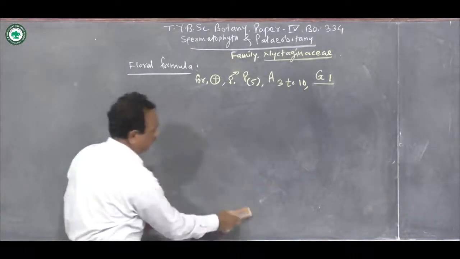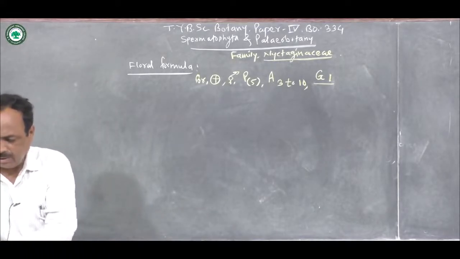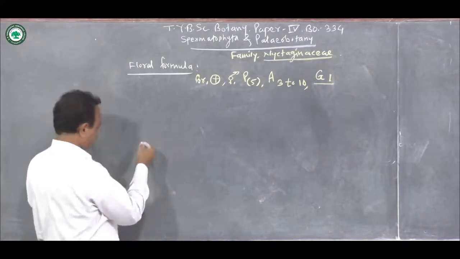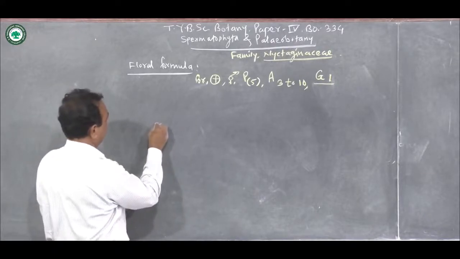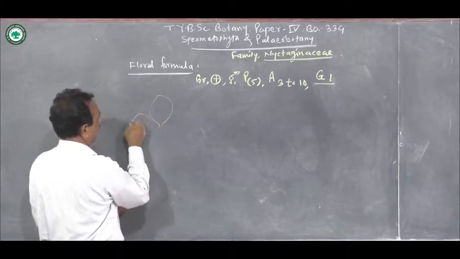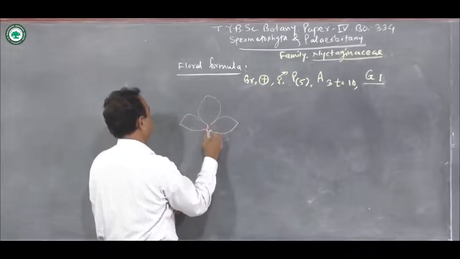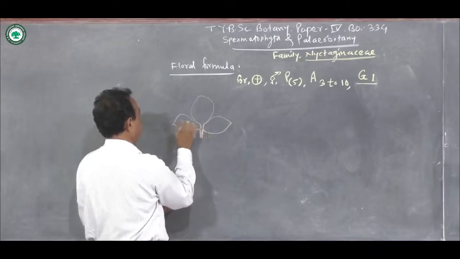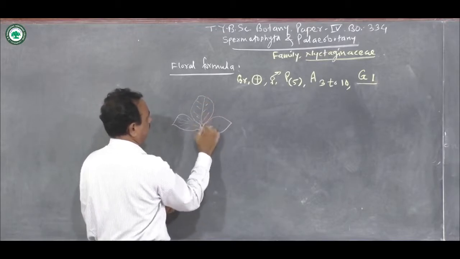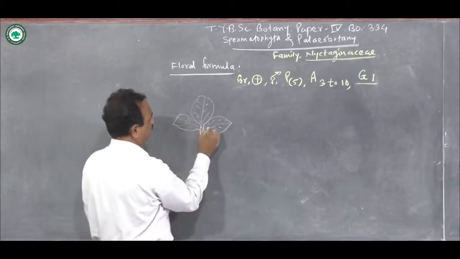Now let us see the floral diagram and some floral diagrams of the family Nyctaginaceae. As I told you, there is a presence of the petaloid bract. These petaloid bracts are also veined, showing the presence of veins and veinlets. And here there is a presence of the flowers.